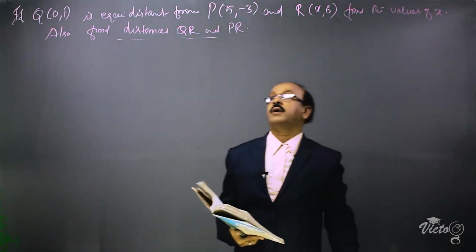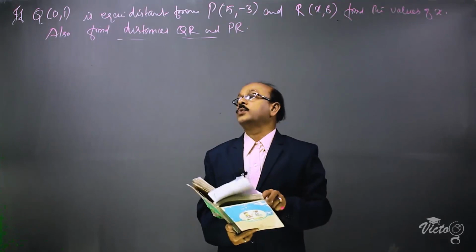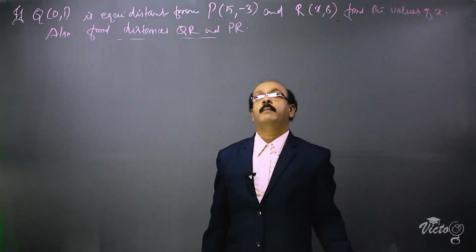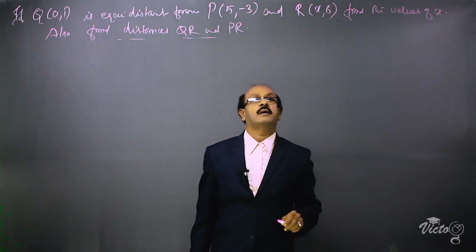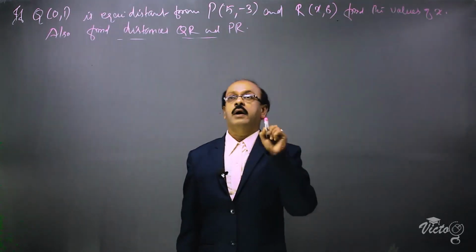First of all, a condition is given: the point Q(0,1) is equidistant from P(5,-3) and R(x,6). Draw a rough sketch.